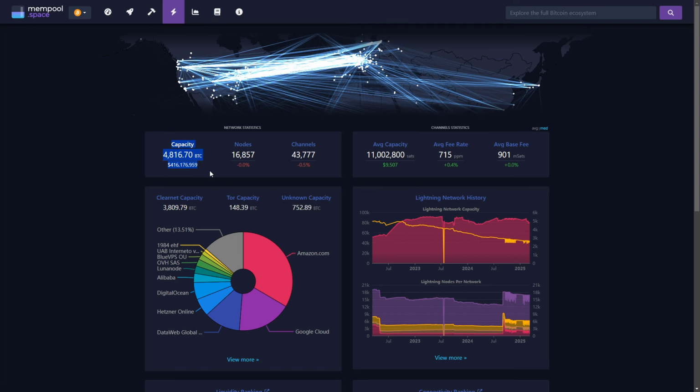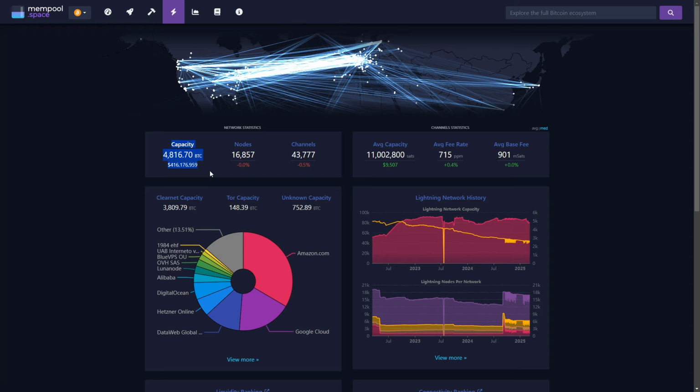You usually wouldn't send more than a few $100s on Lightning. A large Lightning transaction would be a few $100s. I think the largest transaction I've ever made on Lightning was maybe a little bit more than $1,000, which is not very common.